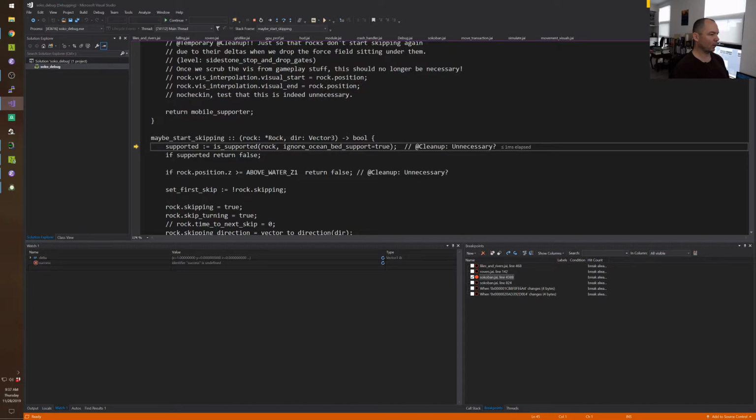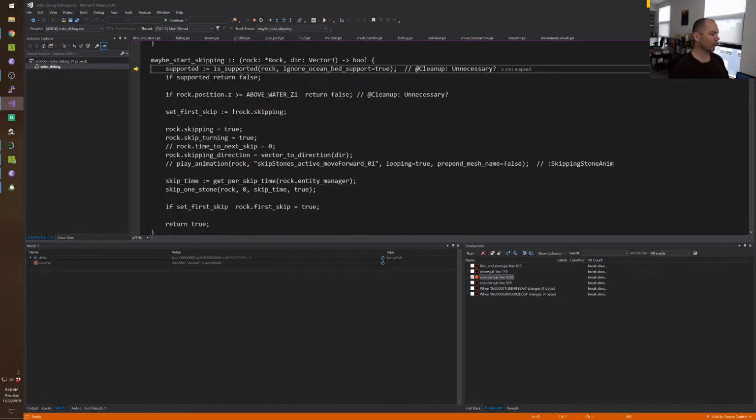Okay, this is not good. So this is made to be called when the rock is actually over water. Okay. Do I want it to be skipping? Or do I want it to have a fast move and then skip afterward?